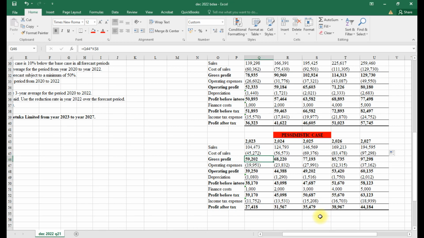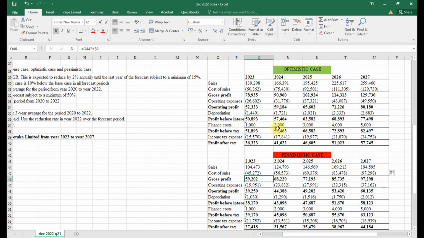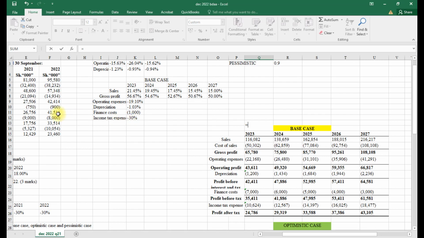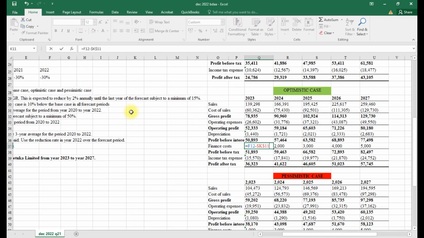So I'll adjust for the finance cost. You can see here it has not taken the correct value, it has an error. So I'll change this and use the value that we had. Now we had this, and I minus these, which I will fully lock. And I enter that way.